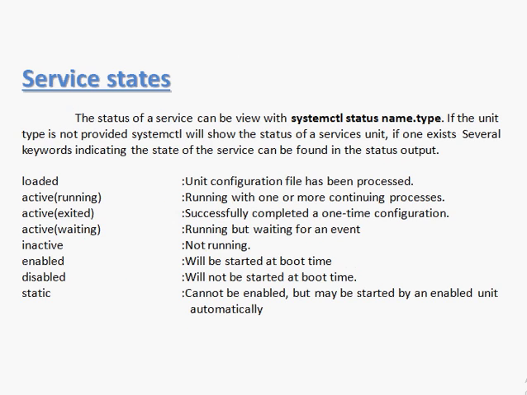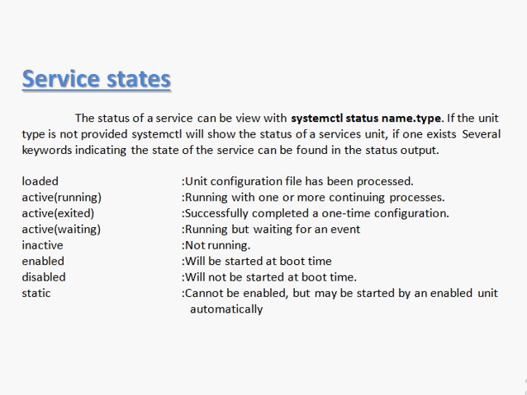Service state. The state of a service can be reviewed with systemctl status. Loaded: unit configuration file has been processed. Active (running): running with one or more continuous processes. Active (exited): successfully completed a one-time configuration.